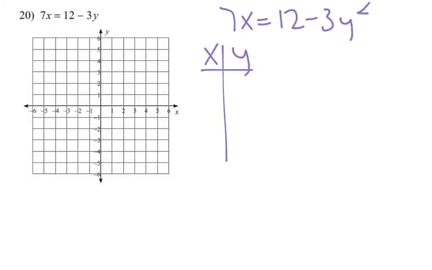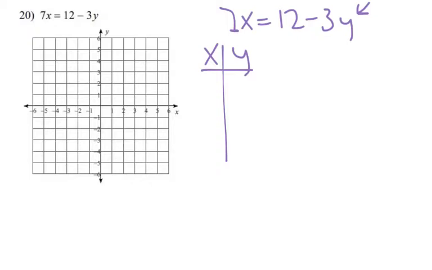Now, I would probably like to use the y to make it work, because I think it might be easier to put those numbers in. But if I do that, I'm going to have to divide by a 7. So that can make it a little more difficult, because when you divide by 7, that's kind of tough. So which numbers do you want to choose? That might be a little tricky.